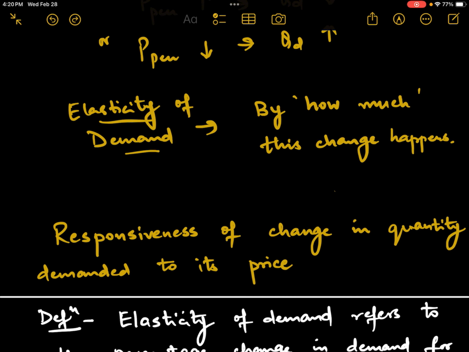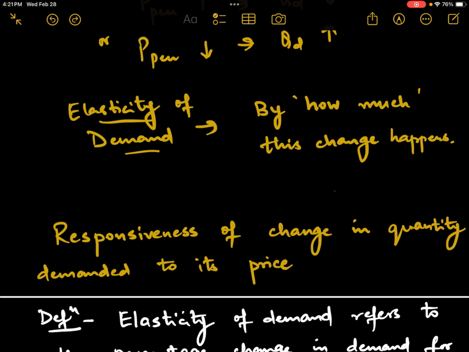Elasticity of demand measures by how much this change happens. The most important question we are trying to understand here is by how much less or how much more the quantity demanded will change as a result of a change in any of the factors affecting demand.